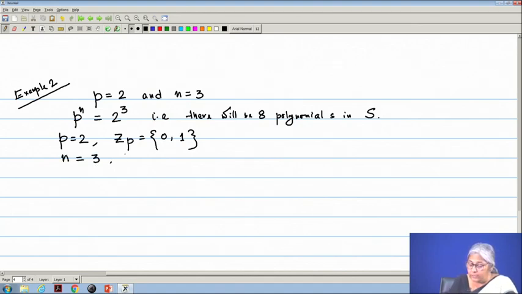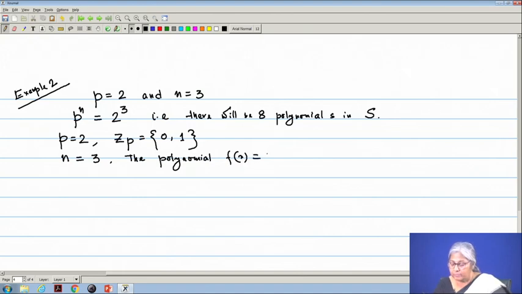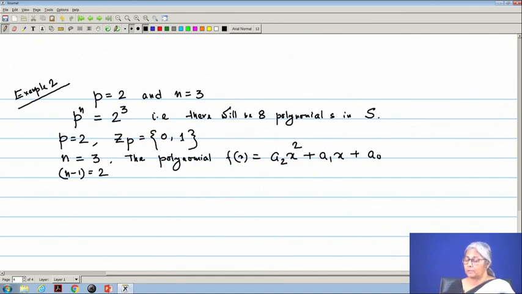So, the polynomial, if I write f x equal to a2 x square, because n minus 1 is 2, n equal to 3. So, n minus 1 equal to 2 should be my maximum degree of the polynomial. Then a1 x plus a0. So, this time there will be 3 coefficients.